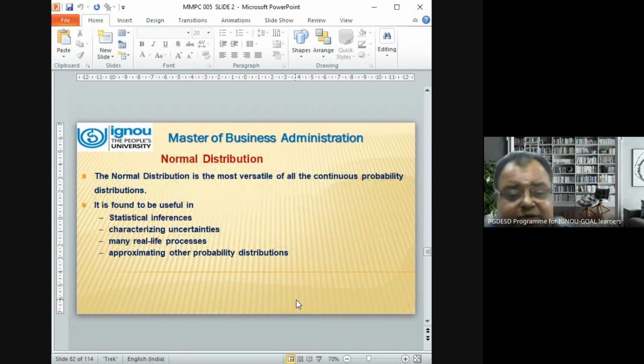Normal distribution. A normal distribution is the most versatile of all the continuous probability distributions. It is found to be useful in statistical inferences, characterizing uncertainties, many real-life processes, and approximating other probability distributions.